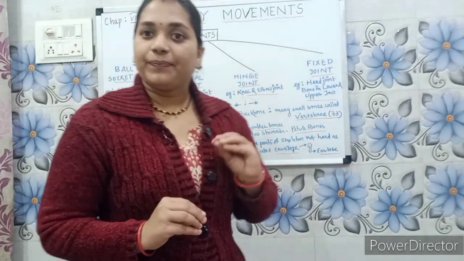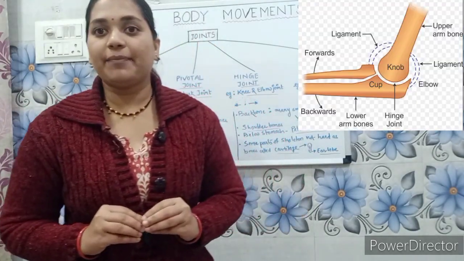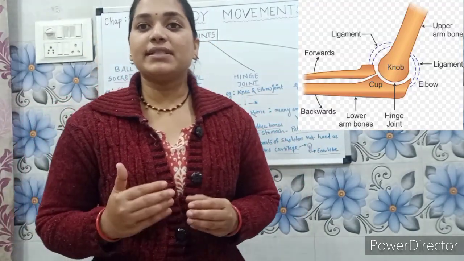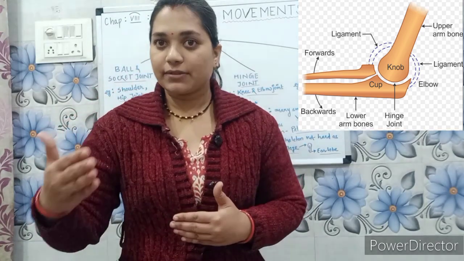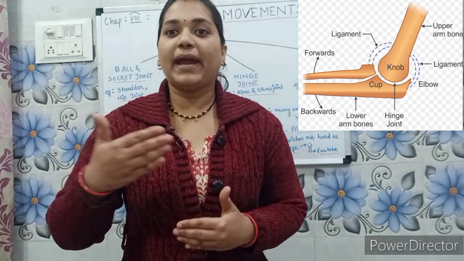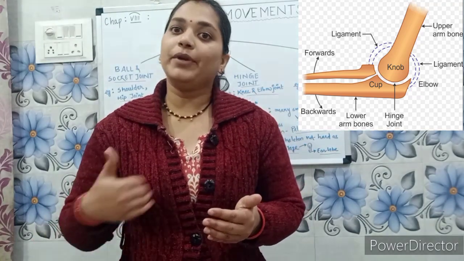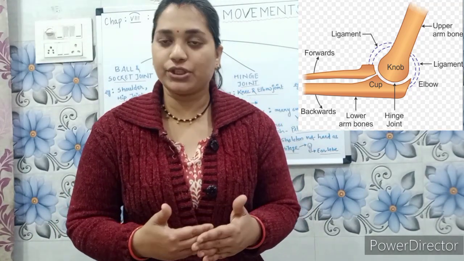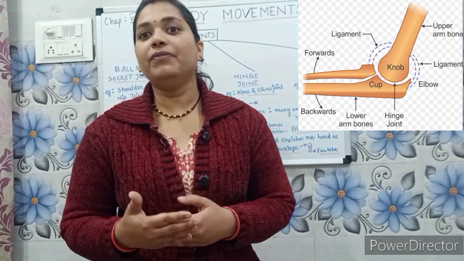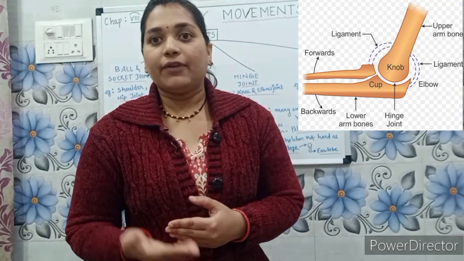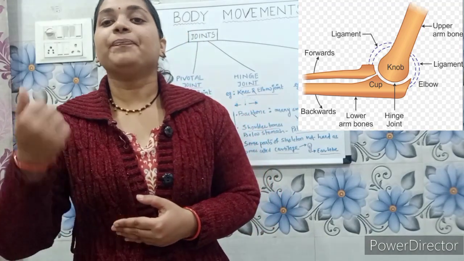Then we come to the hinge joint. A hinge joint has one directional movement, meaning it goes forward, then comes back to its original position, or goes back and comes to its original position, but it can't move in another direction. You can take the example of our elbow.